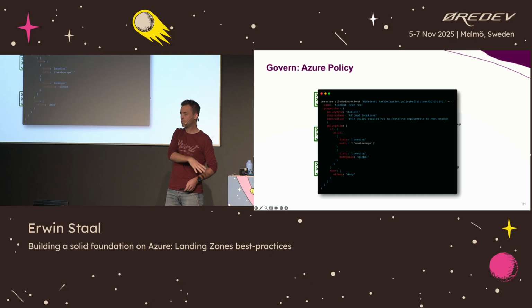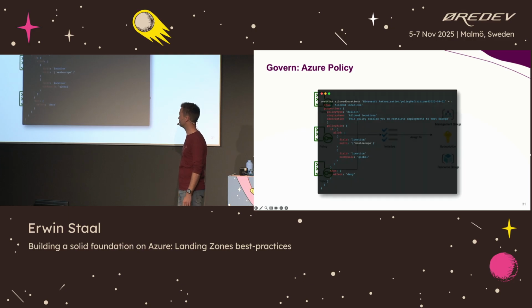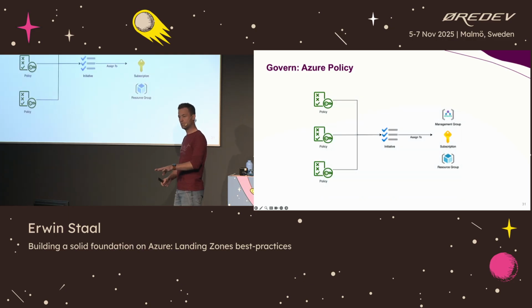If you try to deploy anywhere else, we'll deny it. And you can think of all different kinds of policies, right? Enforcing particular SSL versions, enforcing HTTPS, you name it. There's a lot of policies built into the platform for you to regulate what people can and cannot do.